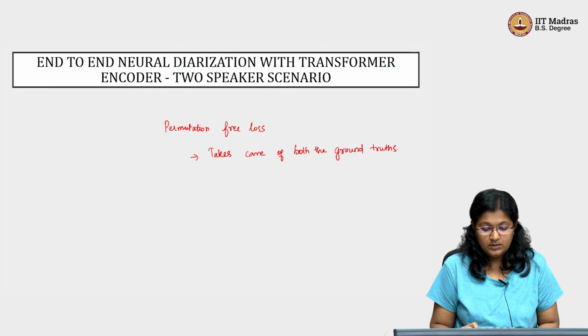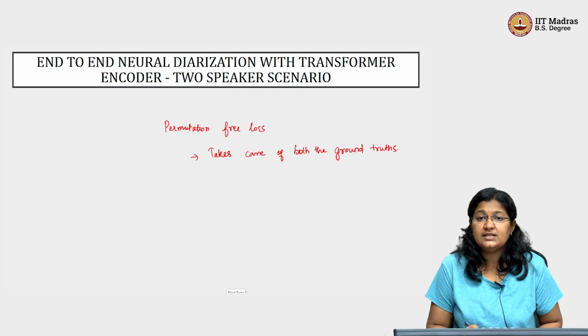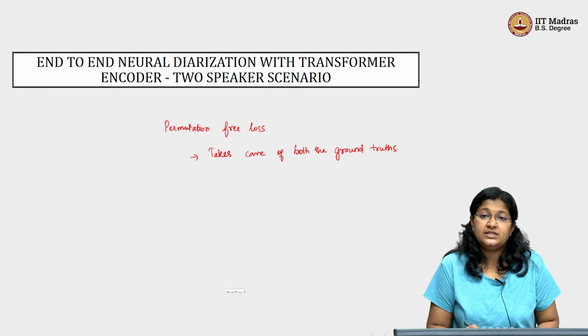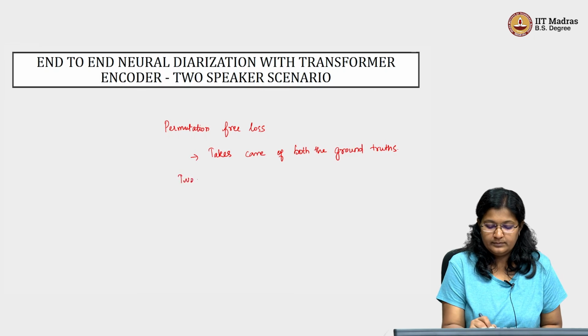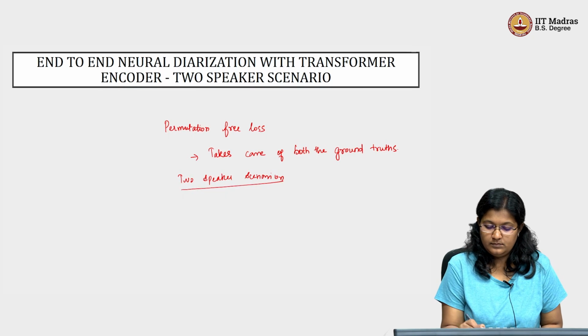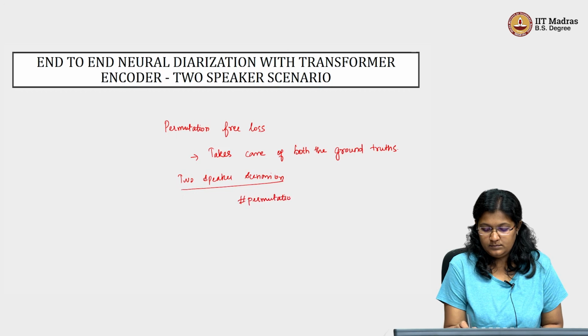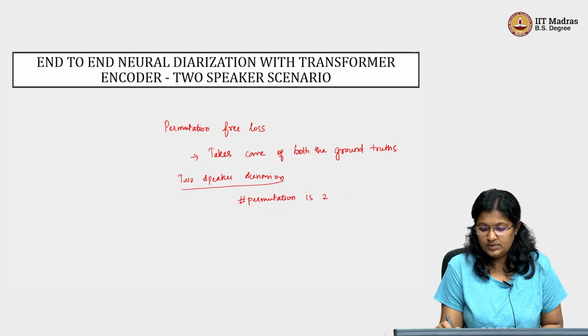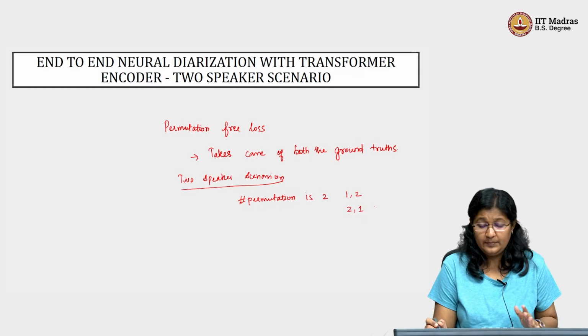Okay. So, when there is a two speaker scenario, the number of permutations is 2, right? It's 2, right? So, how is it odd? If it is an ordered thing, 1 comma 2 is different from 2 comma 1 in permutation. If it is a combination, both are the same.